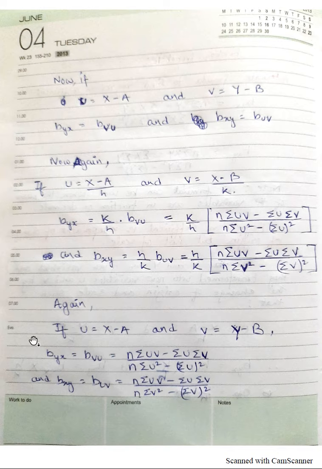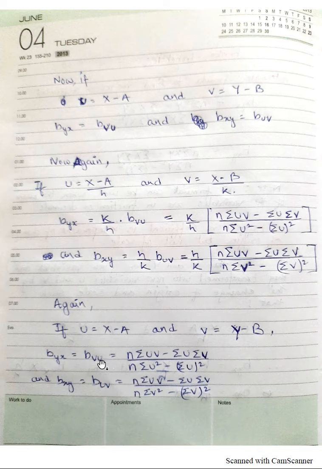Now again let's move back to the point where we discuss only the change in origin, that is if u is equal to x minus a and v is equal to y minus b, then byx will be equal to bvu as discussed here, and in that case byx can also be written as n summation uv minus summation u into summation v divided by n summation u square minus summation u whole square.